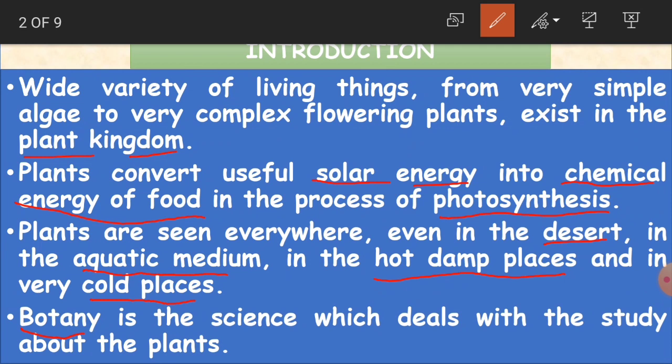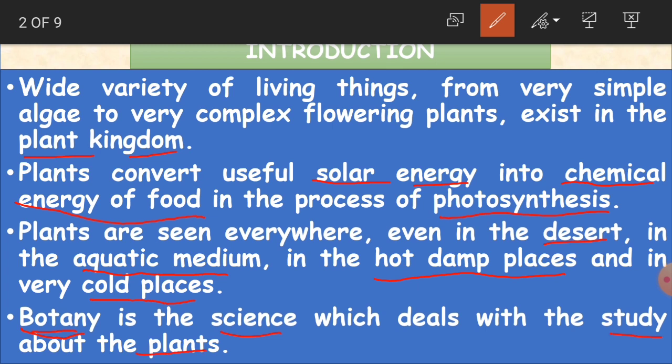So when particularly we want to study about plants, then this subject comes under botany. Okay, we call this botany. Zoology again is for animals. Okay children, so botany is the science which deals with the study about the plants.